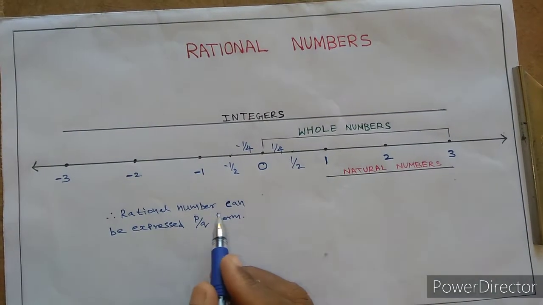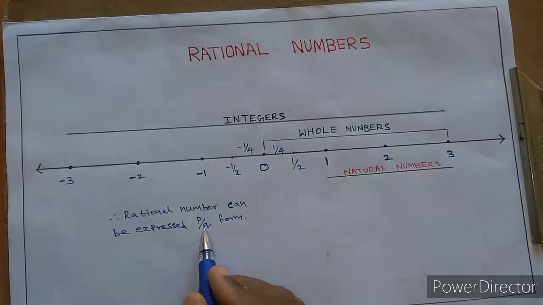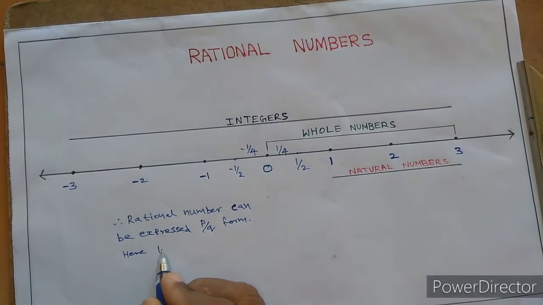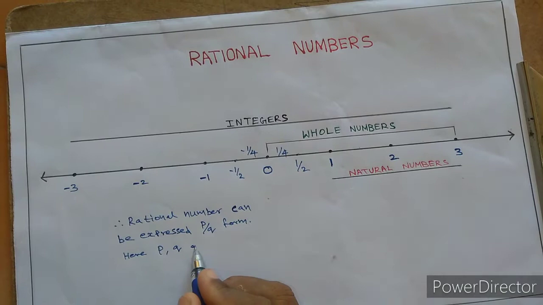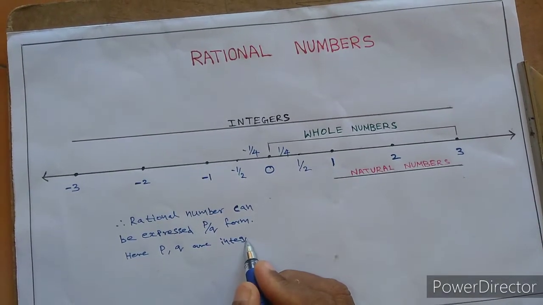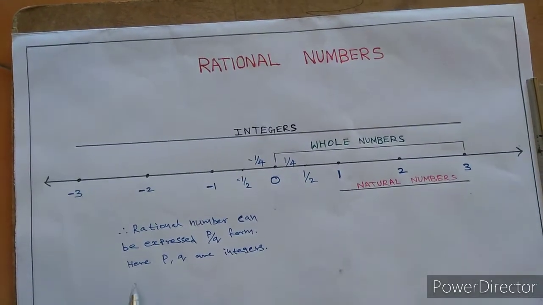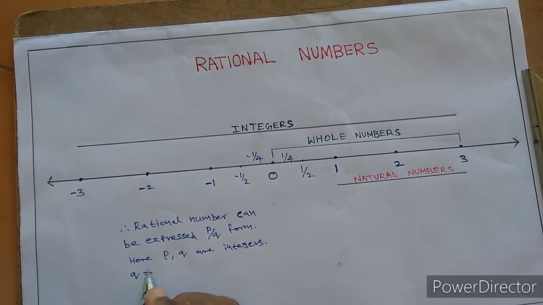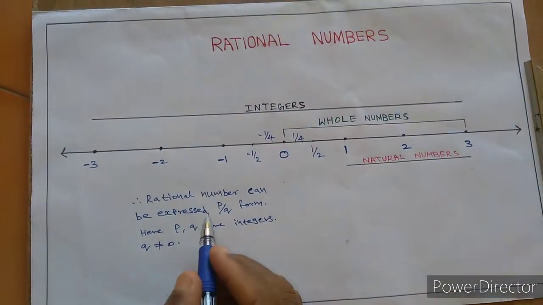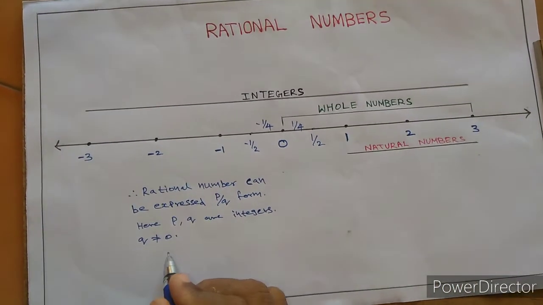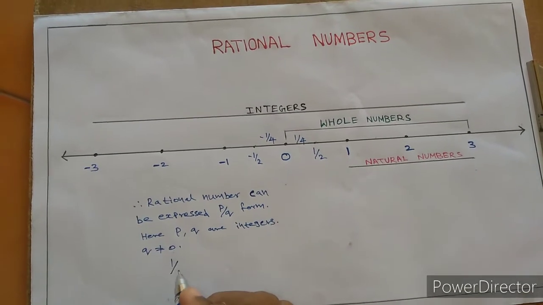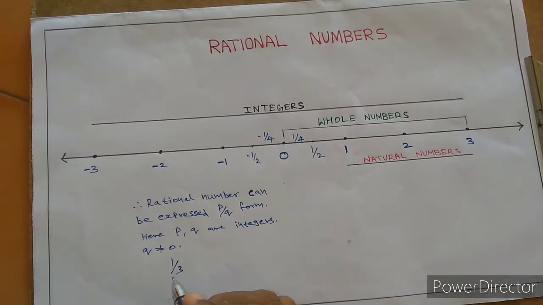a rational number can be expressed in P by Q form. Here P, Q are integers, Q not equal to 0. For example, I will take one integer P, 1, divided by one more integer Q, 3: 1 by 3.